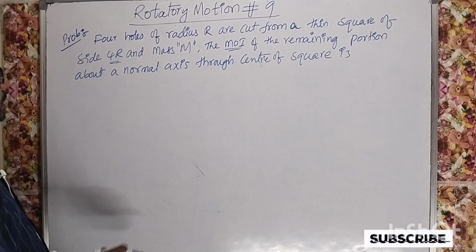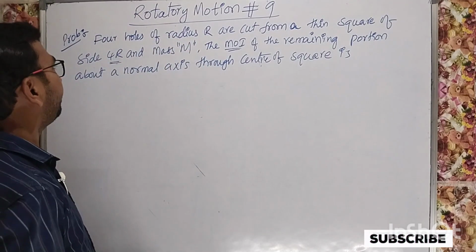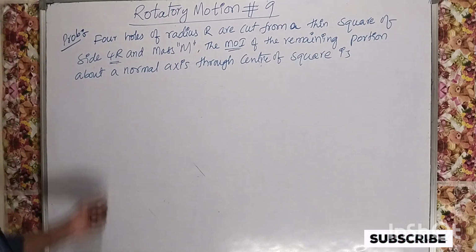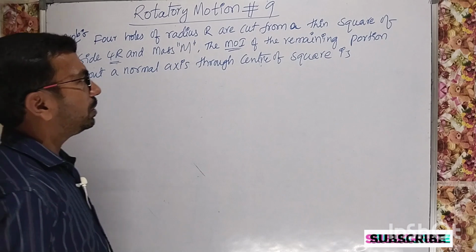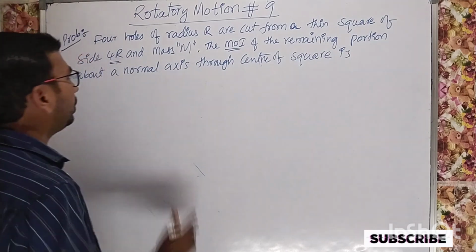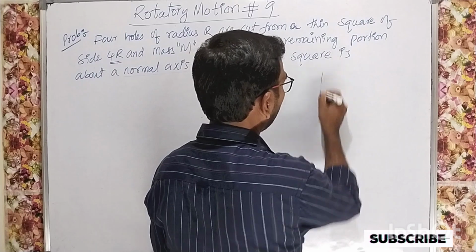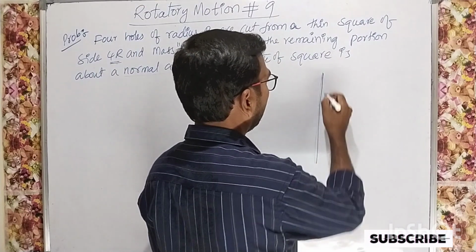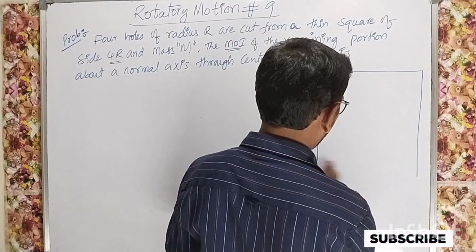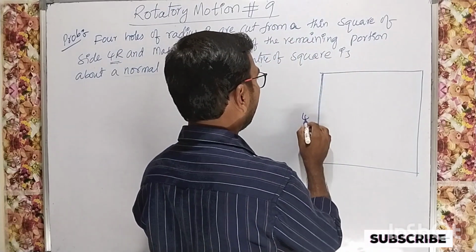So here, next problem. 4 holes of radius R are cut from a thin square plate of side 4R and mass M. Find the moment of inertia of the remaining portion about a normal axis passing through the center of the square. Suppose the square plate has side 4R.